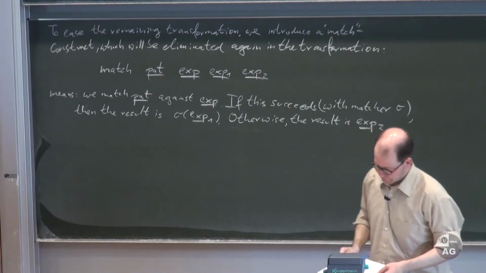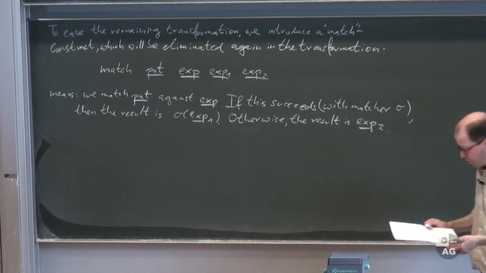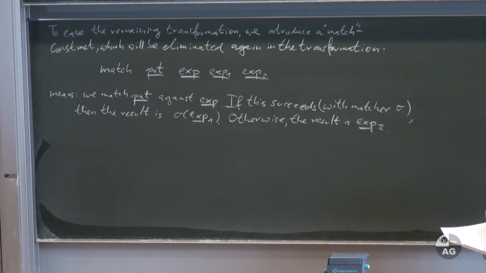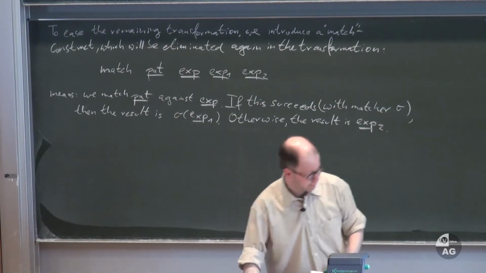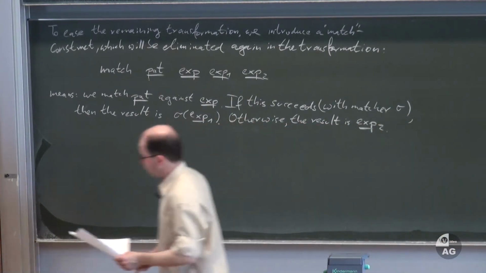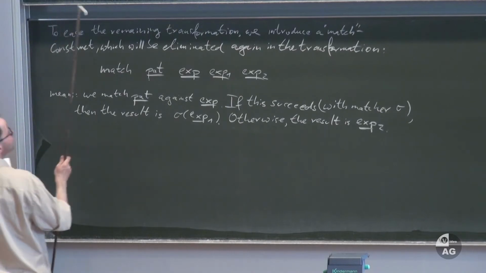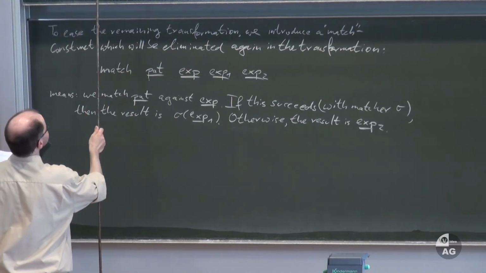So we can translate case expressions into match expressions now, and well, with this, the formulation of the remaining rules gets easier. So let's do it. How can we transform a case expression into a match expression?